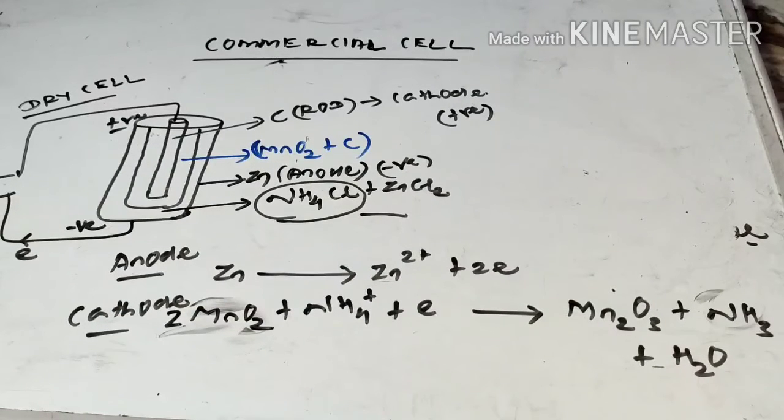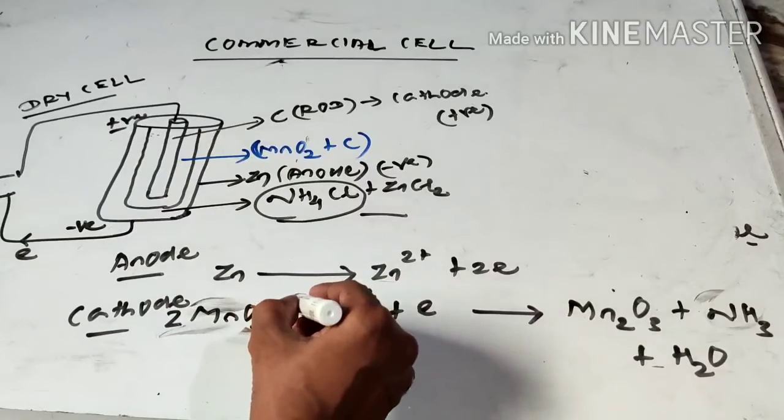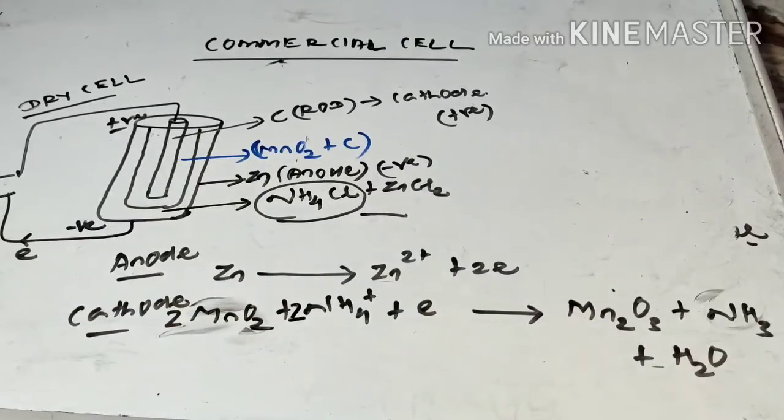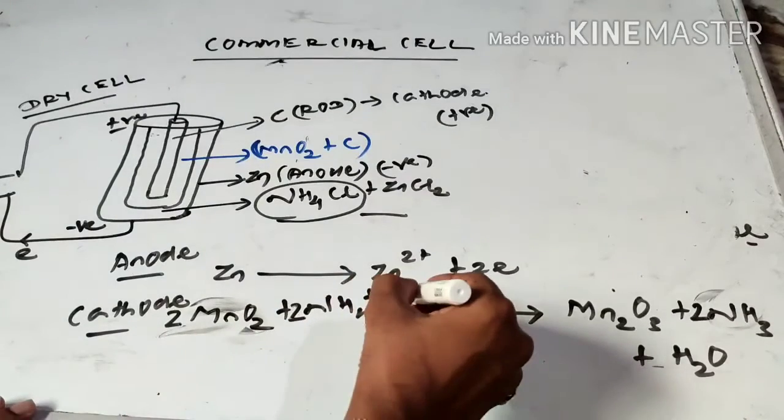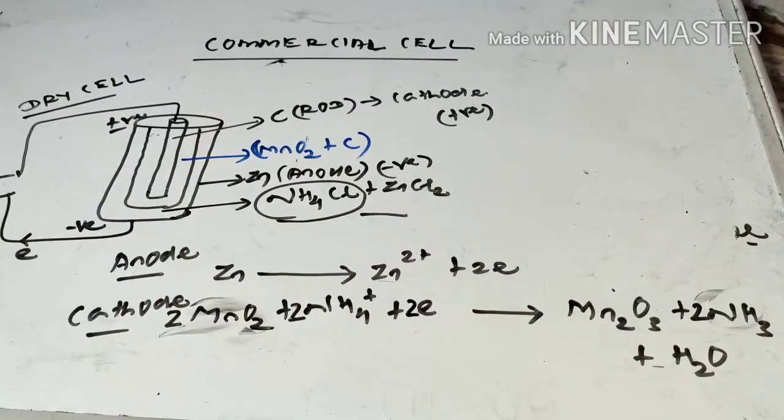Then nitrogen and hydrogen are not balanced, so I will multiply by 2 here. I think hydrogen is balanced: 6 plus 2, 8. Nitrogen is balanced. So it is converted to Mn2O3 plus 2NH3 plus H2O. Now we will balance the charge. The charge here is plus 2, so I will add 2 electrons. So this is the balanced reaction.